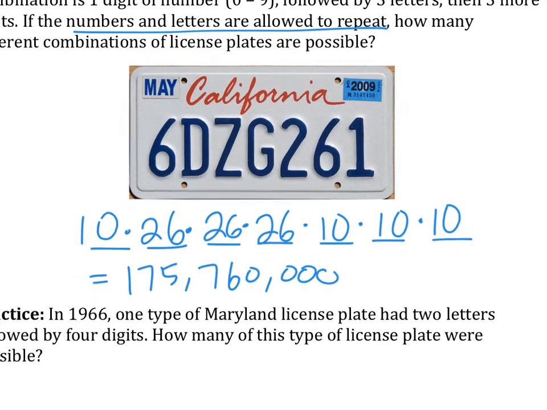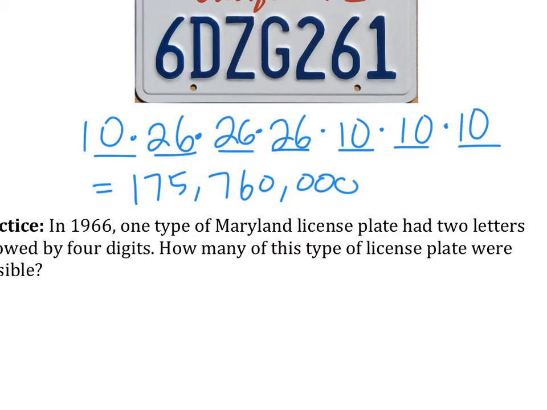All right, so let's have you try one. In 1966, one type of Maryland license plate had 2 letters followed by 4 digits. How many of this type of license plates were possible? And let's say that it's allowed to repeat. Okay, so go ahead and try it.